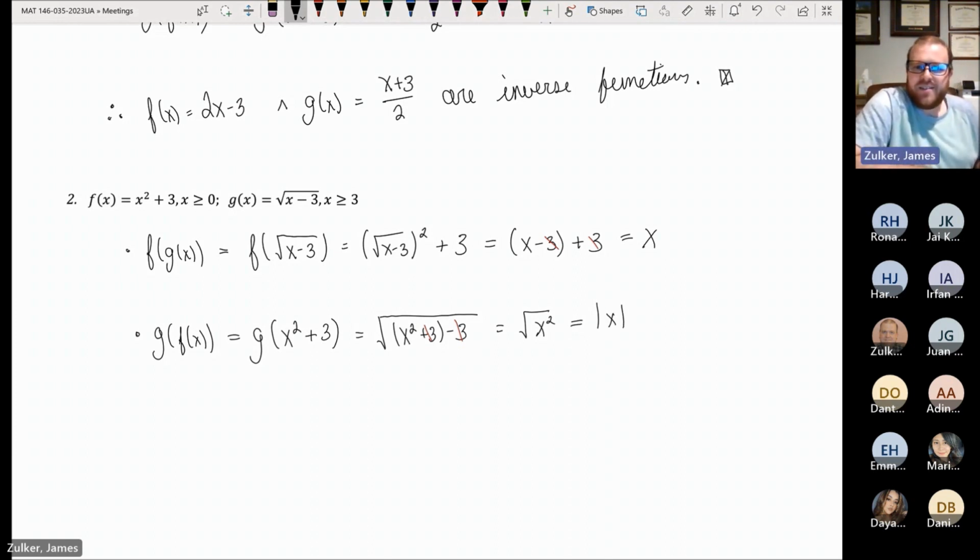Absolute value of x, right? But wait, we're told that x is greater than or equal to 0 for f, which means that's just x.